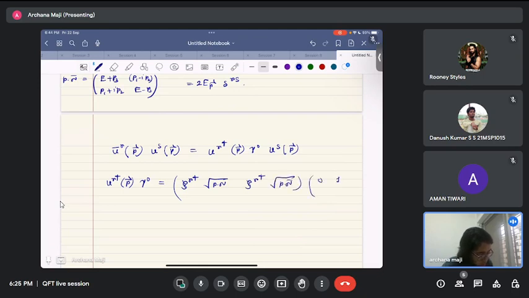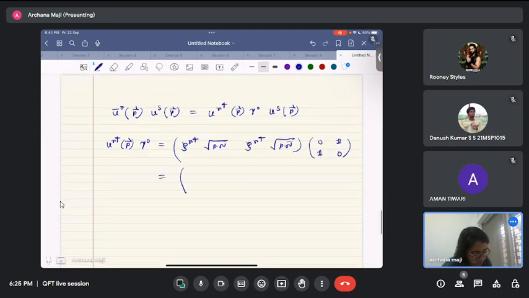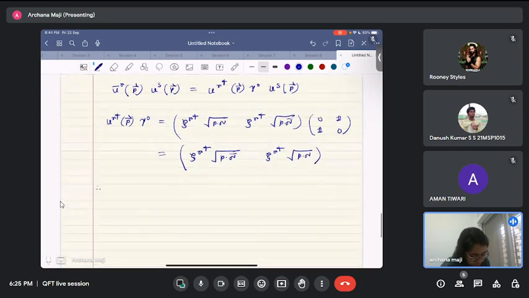Gamma 0 is 0, 2 by 2 identity, 2 by 2 identity, 0. So the first element becomes xi r dagger square root p dot sigma bar, and the second element is xi r dagger square root p dot sigma.